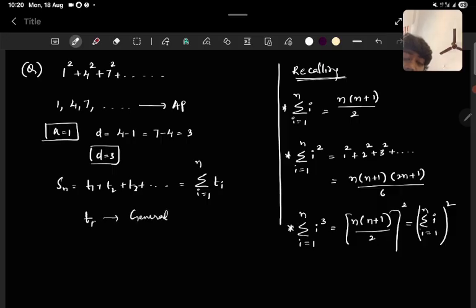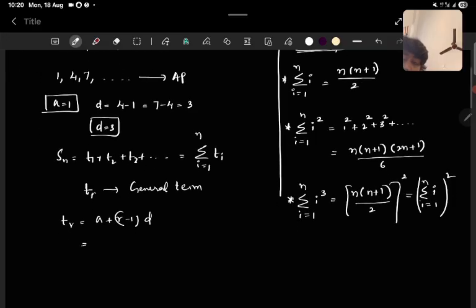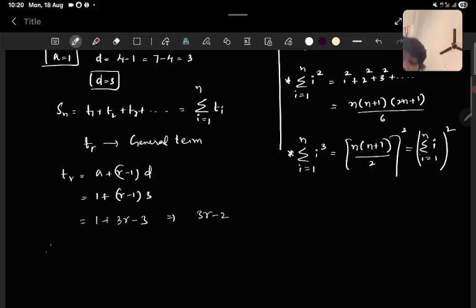Here we need to find the general term first. How to find the general term of an AP? Tr is equal to a plus (r minus 1) into d, which is 1 plus (r minus 1) into 3, which is 1 plus 3r minus 3, which goes like 3r minus 2. So therefore Tr is equal to 3r minus 2.